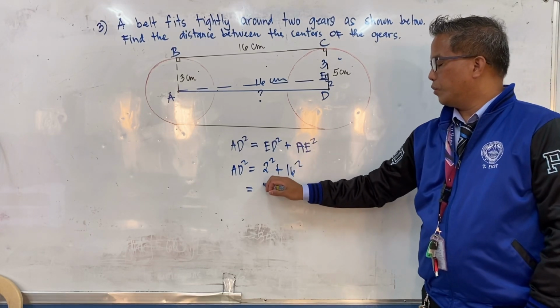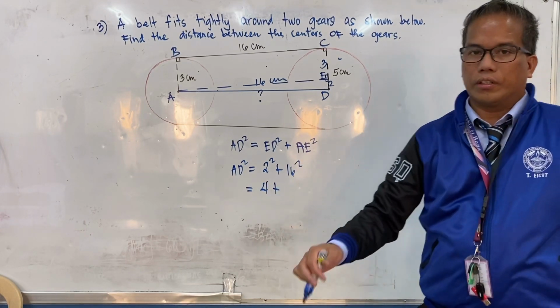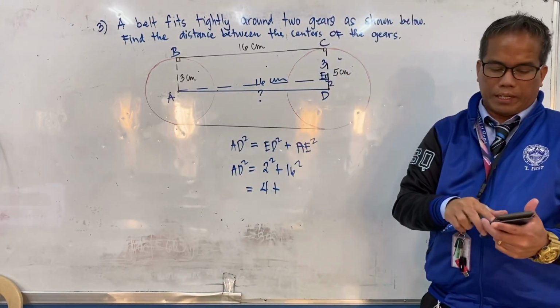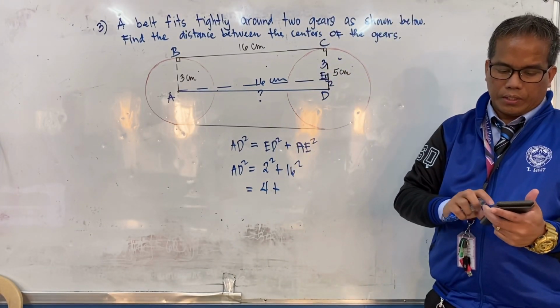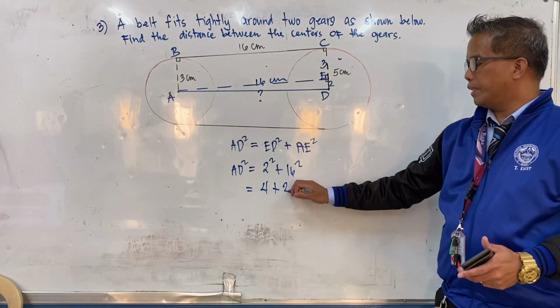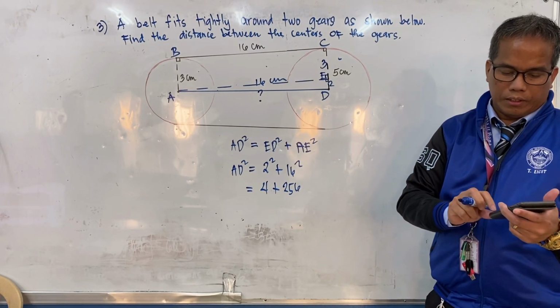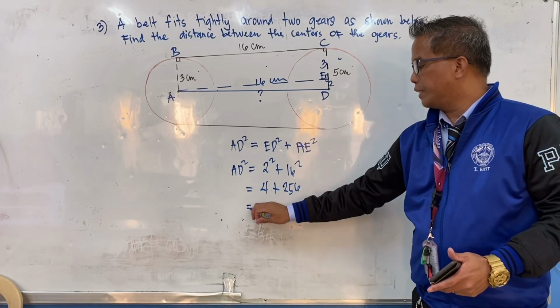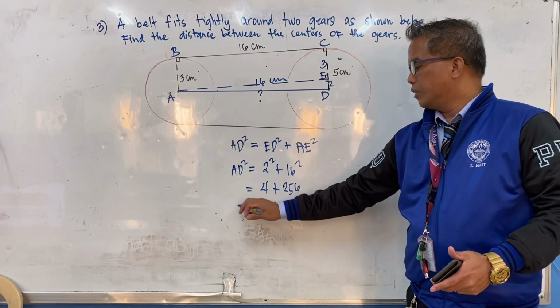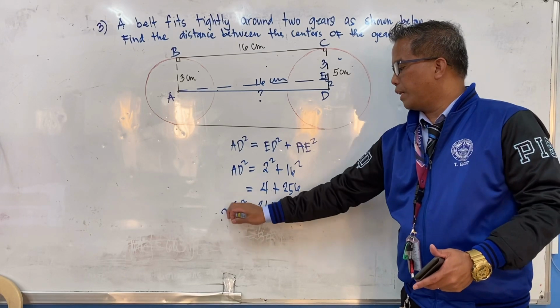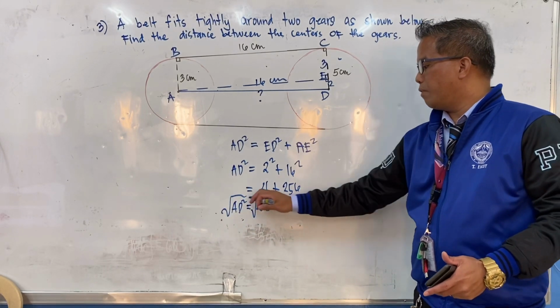So it's equal to 4 plus 16 squared, let us find the answer, 256. Then add 4. The answer is 260. So we are going to apply the square root property to find the value of AD.